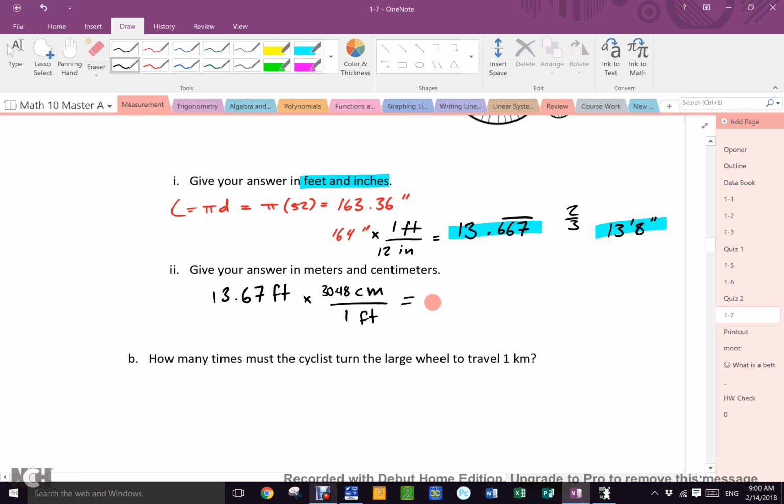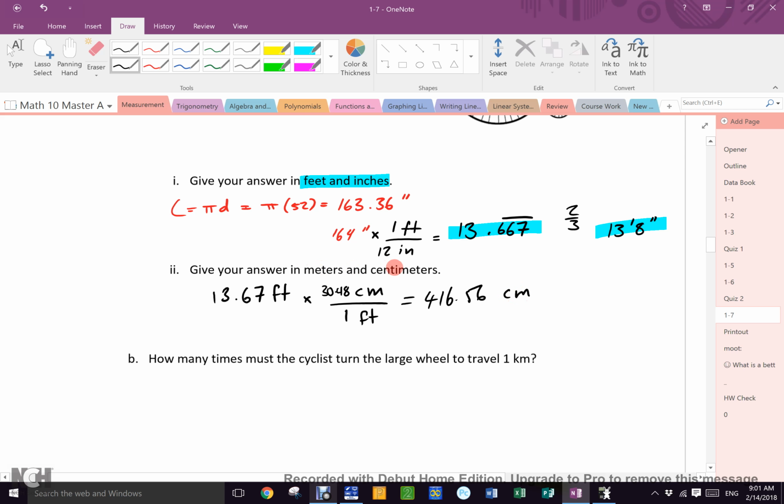What's my answer? He waited patiently for a class of 30 to punch 8 numbers into a calculator. 416.56 centimeters.